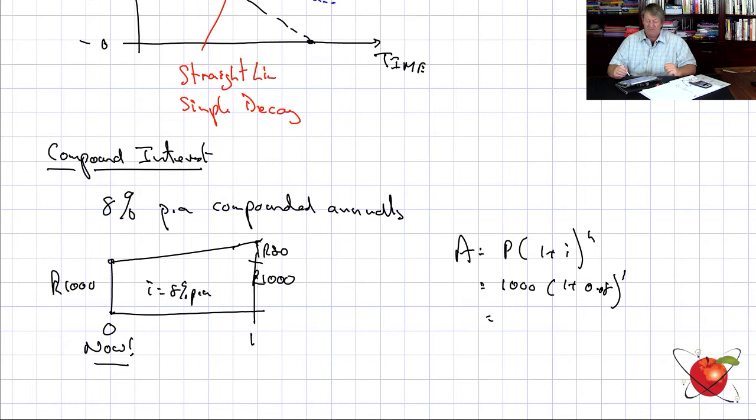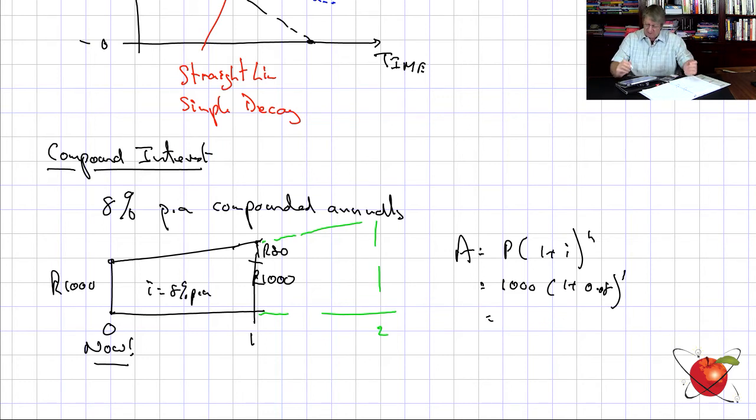So at the end of the period, the bank says, you've got 1,000 Rand, you've had that for the whole year, therefore I will give you 8%, 1080. Then for the second time period, they will give us 8% on top of that. They will use that interest and give us the 8%.